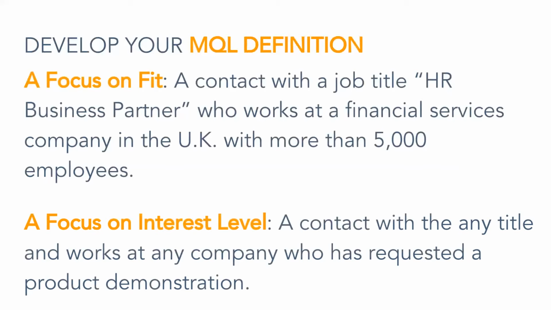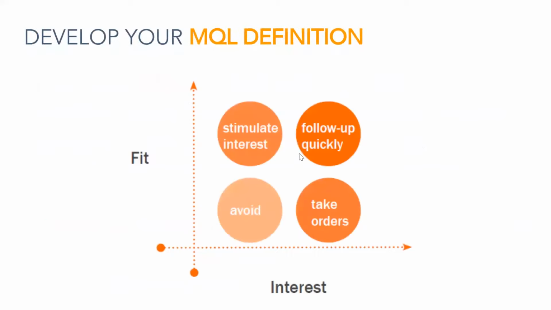On the next slide, I just want to show you this matrix. Here's one way to assess lead quality and determine whether a lead is ready for a sales follow-up. As a marketer, you want leads in the top right-hand corner who have a high fit and also a high interest.